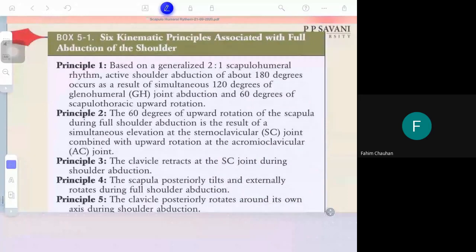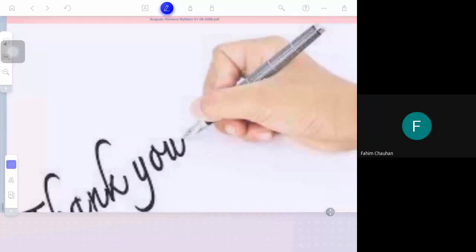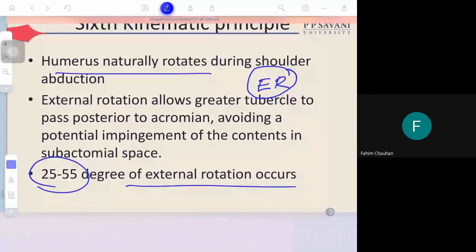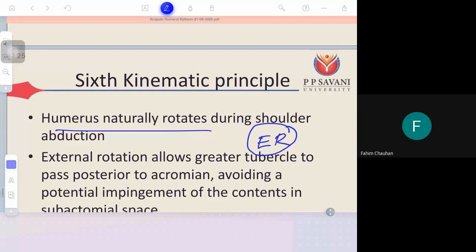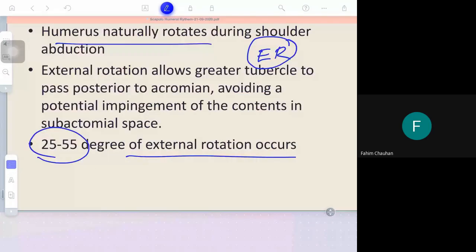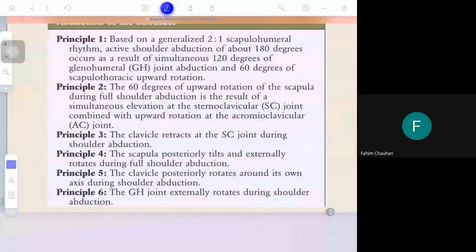Any doubts? I have shared these slides already with you. Go through all the 6 principles. First is the 2:1 ratio.